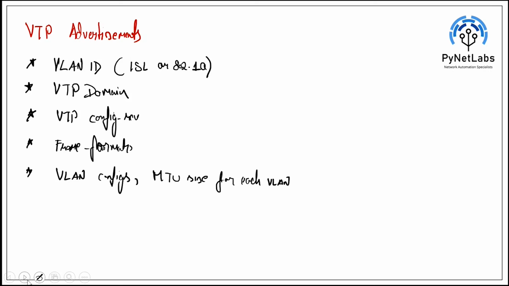So whenever we are talking about VTP configurations, it's basically a four-step configuration. One of them is optional, which you can skip.